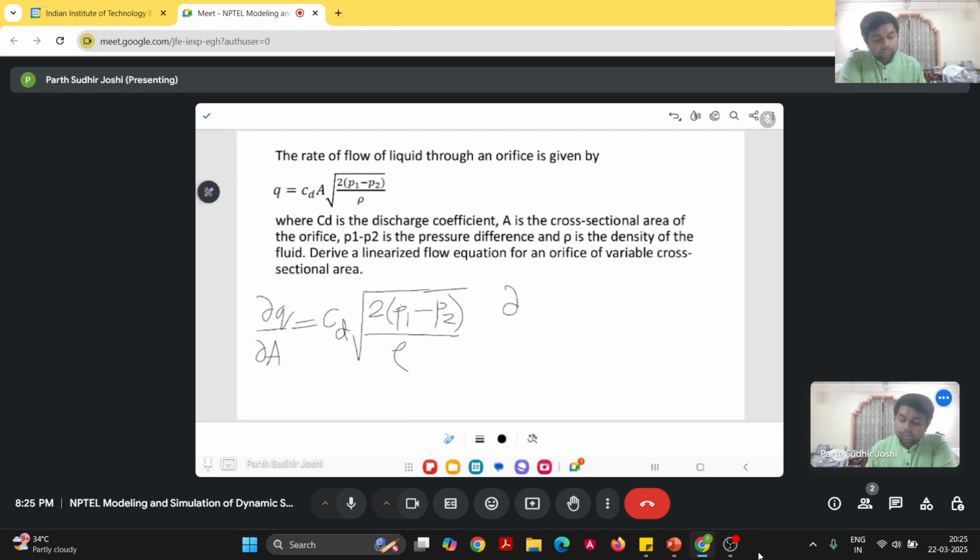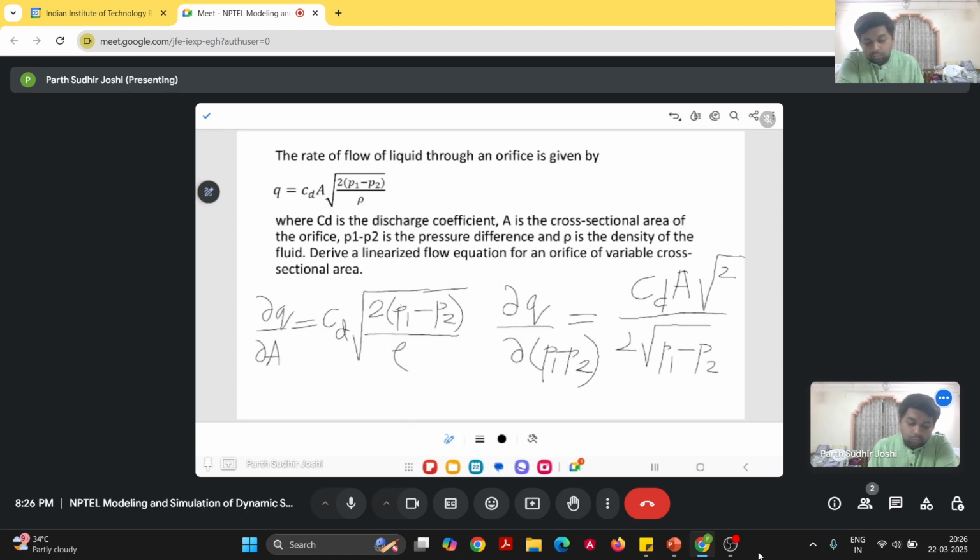And similarly the partial derivative with respect to the pressure difference can be written as 1 upon. So these will be the expressions for the partial derivatives with respect to the area and the pressure difference.